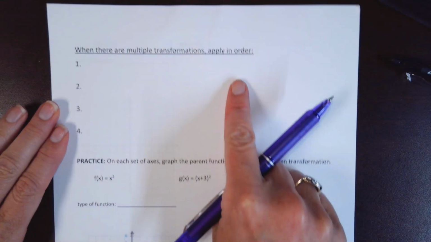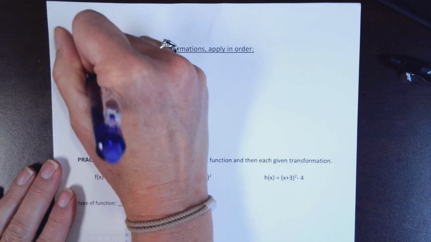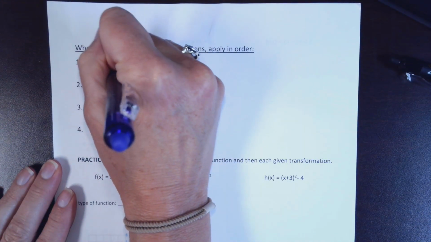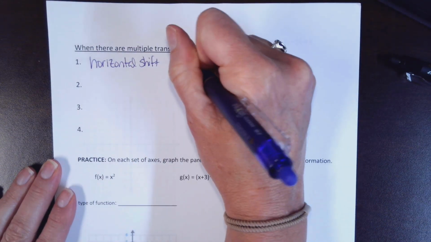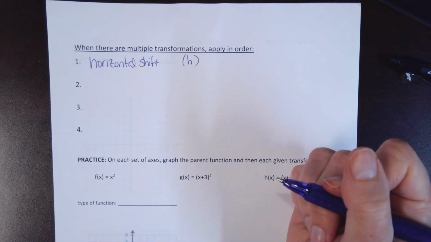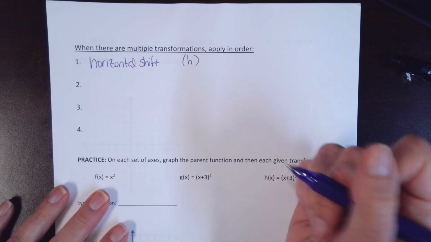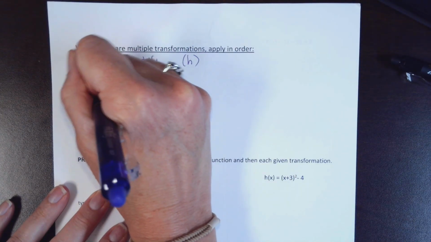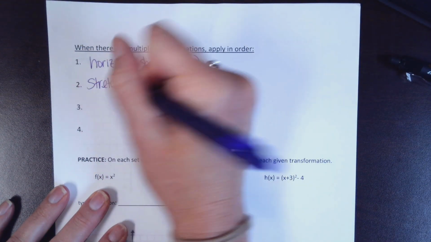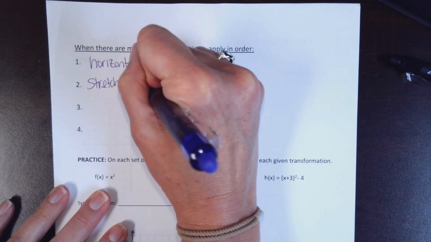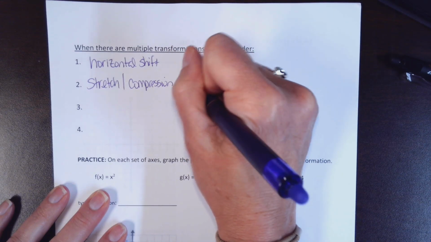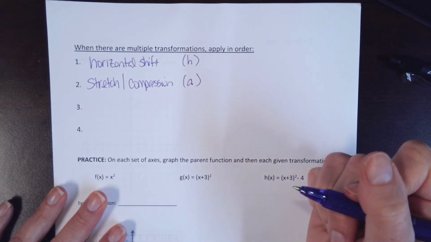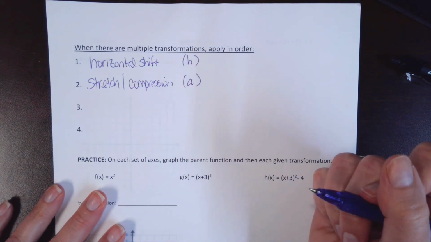If there are multiple transformations, you're going to start by thinking of moving horizontally, horizontal shift. That's that H inside the parentheses. And then you think about applying any stretch or shrink, stretch or compression that you need to do. That's that value A out front, our non-rigid transformation.